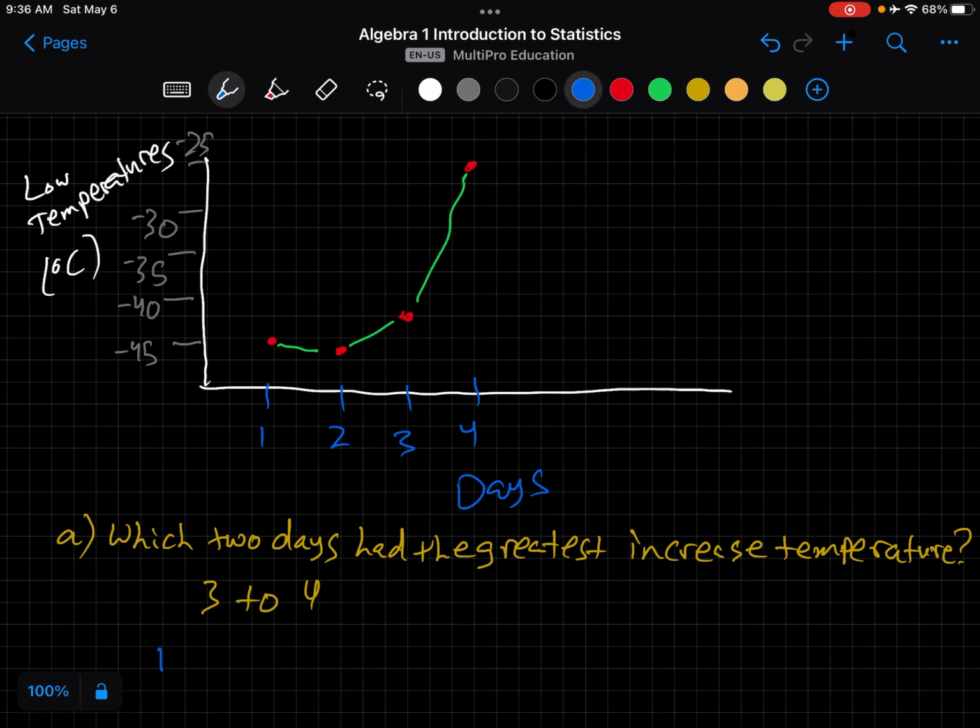All right, let's look at another question here. Which graph is this? And I think I already gave you the answer. Do you remember what the answer is? This is a line graph. That's right.